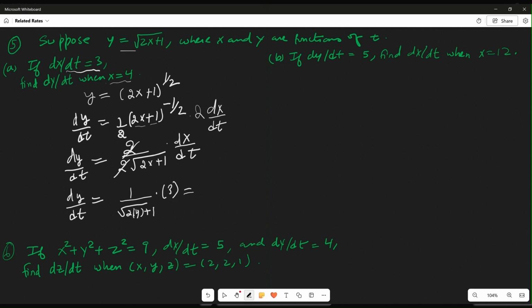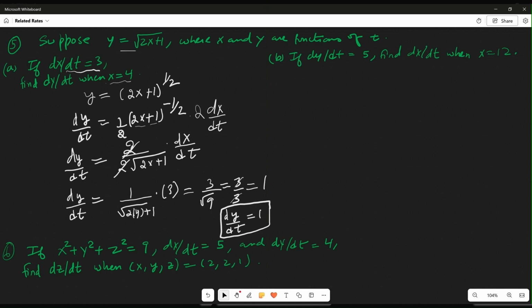We have 3 over the square root of 9, which is 3, right? And the square cancels out with the square root. So we are left with 3 over 3, which is 1. So dy over dt is equal to 1.